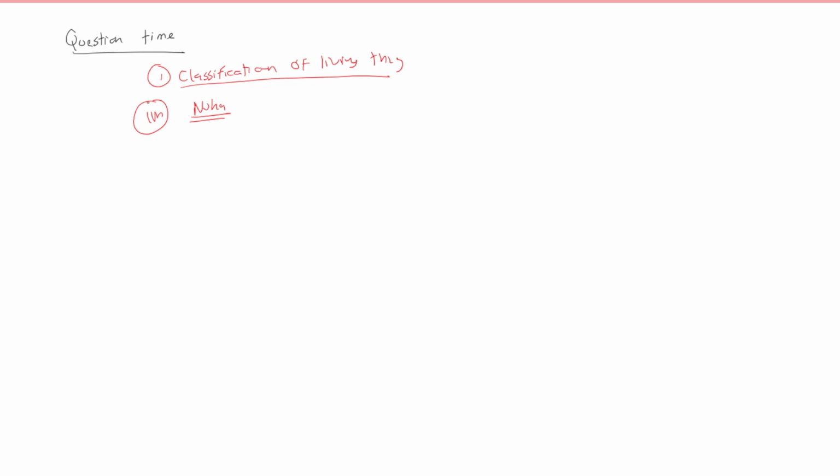Okay, classification of living things. We usually use kingdoms to classify the things under living things. There are 5 or 6 kingdoms. The first one is animals, the second is plants, and the third is fungi. Fungi and plants are not the same, because plants make their own food, while fungi do not create their food by themselves.